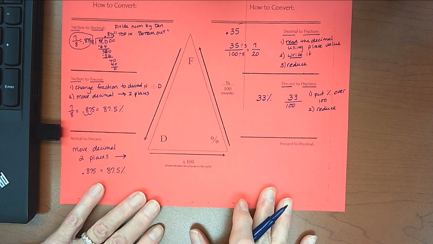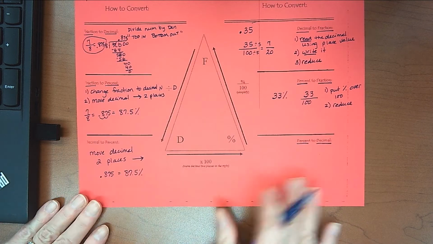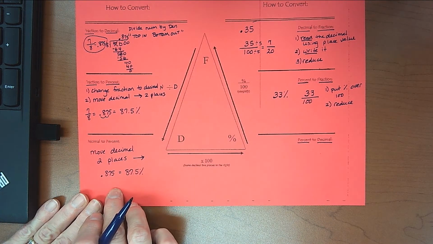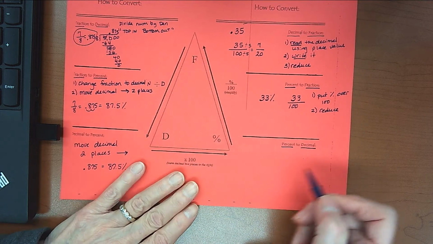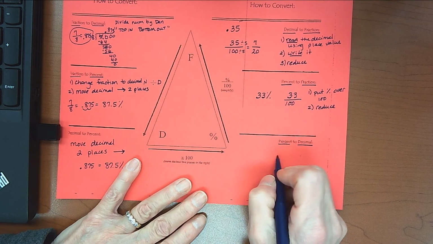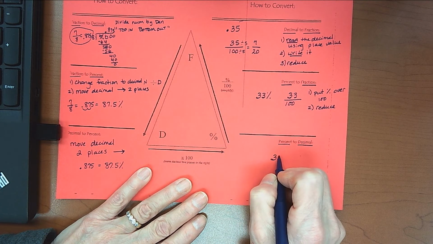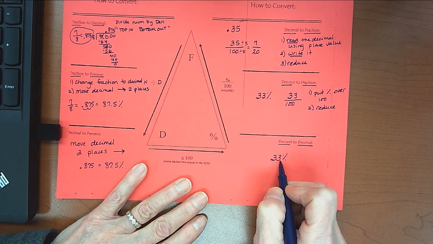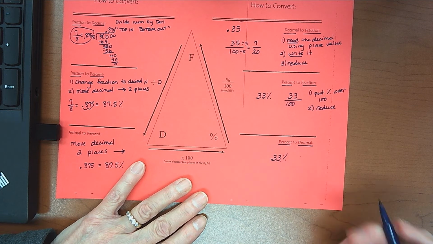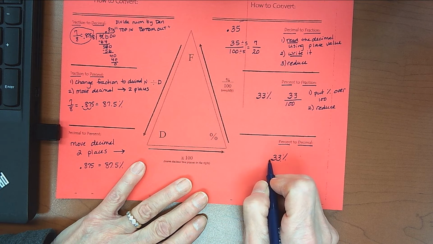All right, and then finally, to go from a percent to a decimal, you may be thinking, well, I'm just going to do the opposite of what I did over here because this was decimal to percent, and this is the opposite of that. Sure enough, we're just going to take our percent, which let's say it's 33% again. We know that the decimal point in any number is always after the last number if it wasn't written, and we're going to shift that decimal point 2 places to the left instead of to the right.